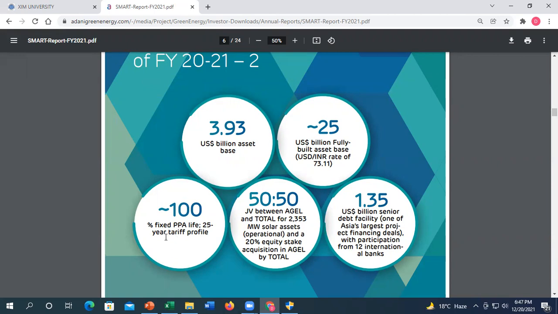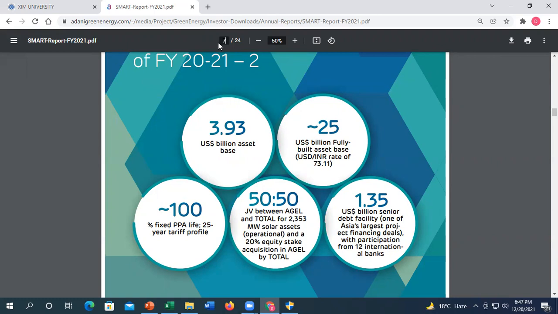PPA is a power purchase agreement for the next 25 years, which will ensure their revenue. And they have lots of JVs, and they have been raising money in the market. Particularly, the debt has been increasing on their balance sheet.